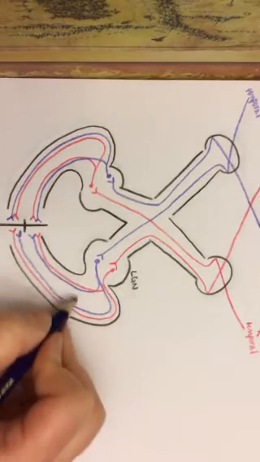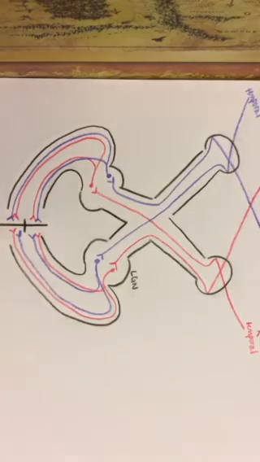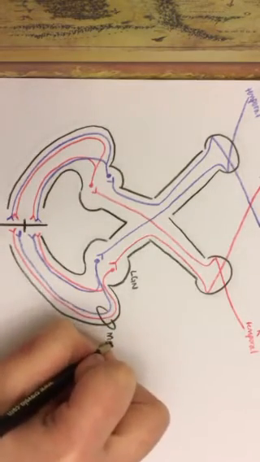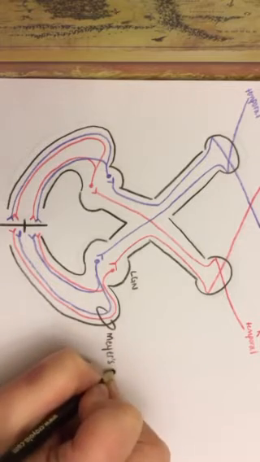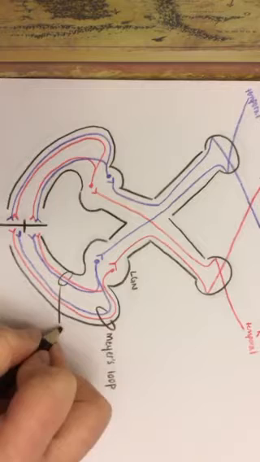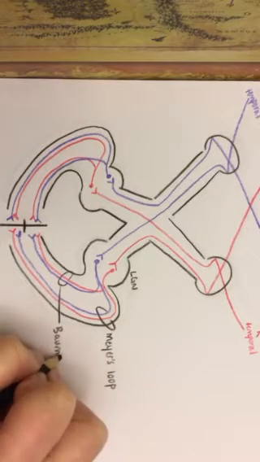So now you can see we have two different bundles of fibers in each set of optic radiations. So the superior one we call the Meyer's loop. And this inferior one we call Baum's loop.